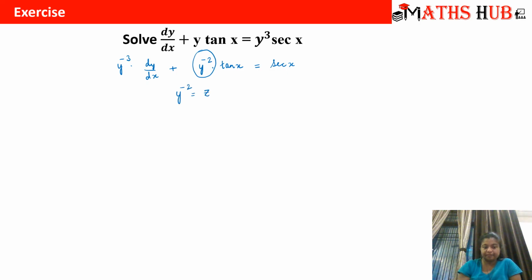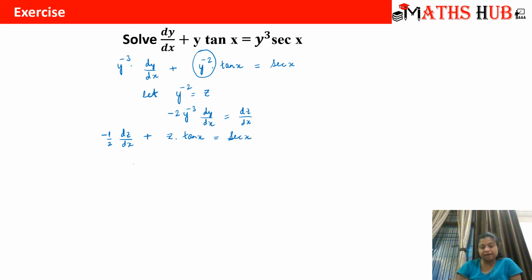So now let us substitute y to the power minus 2 as, say, z, right? Okay. So we will get minus 2 y to the power minus 3 dy by dx is equal to dz by dx. So the first term will become minus half dz by dx plus y to the power minus 2 will become z into tan x is equal to secant x, right?